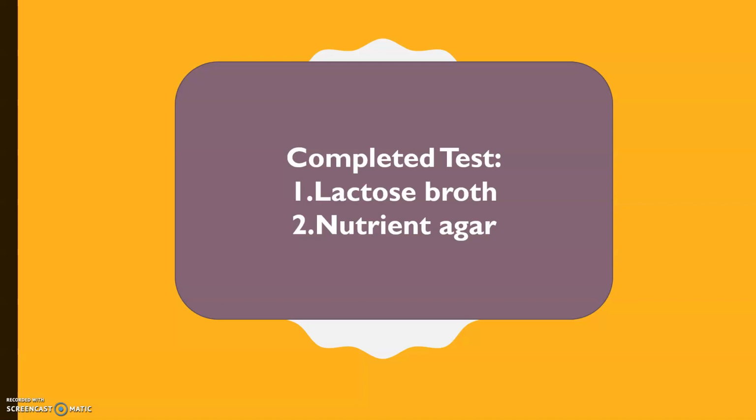The growth from the slant is used for the study of Gram's nature, motility and biochemical characters. Coliforms are gram-negative, non-sporulating bacilli. Thus, formation of gas in the lactose broth tube and demonstration of gram-negative motile rods indicates a positive completed test.